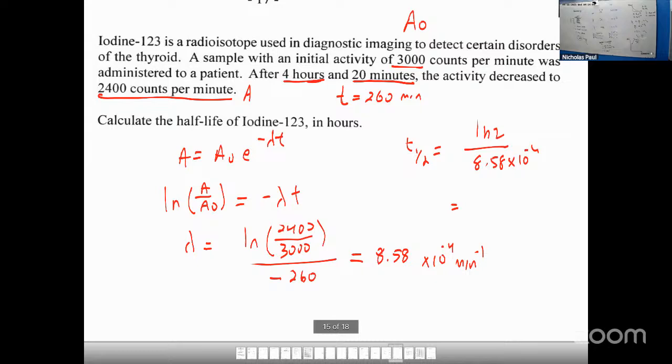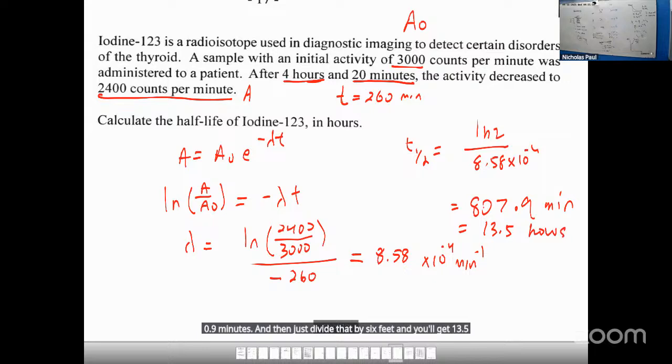I got 807.9 minutes. Then just divide that by 60, and you'll get 13.5 hours. Half-life is 13.5 hours.